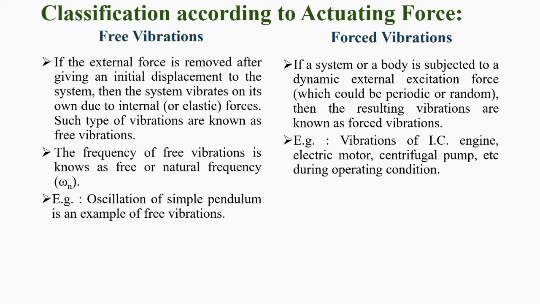Due to its elastic nature, no external forces are applied during vibration, so that type of vibration is known as free vibration. The frequency of free vibration is known as the natural frequency of the system, and it is the most important parameter for vibration analysis.